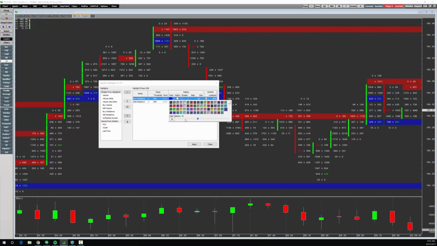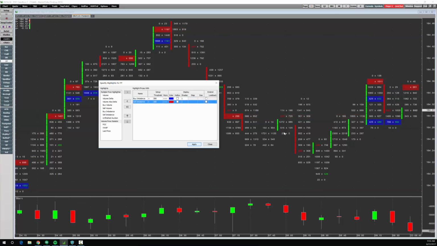You can dial up the opacity if you need to so that you can see through them. So I could back it off. That'll help. And other than that, the look back, this is important because you don't have to have them extend, right? So if I uncheck that, notice it just color codes it. It doesn't draw the zone.